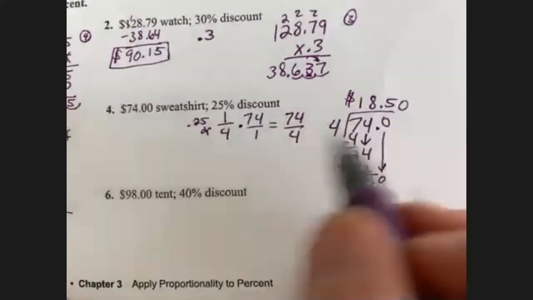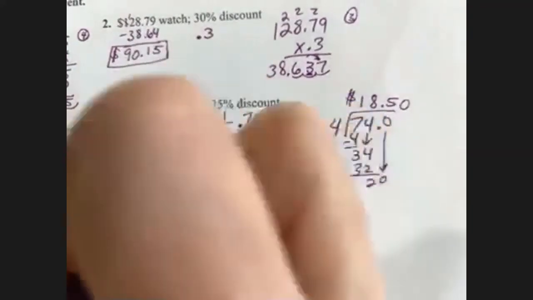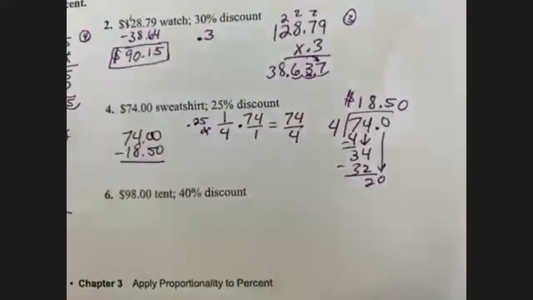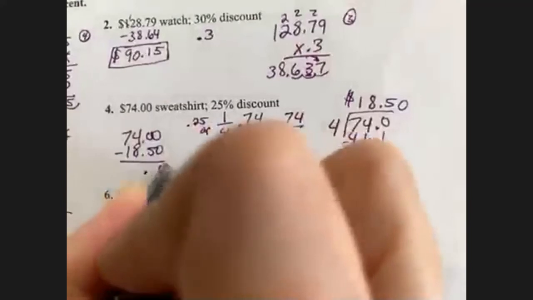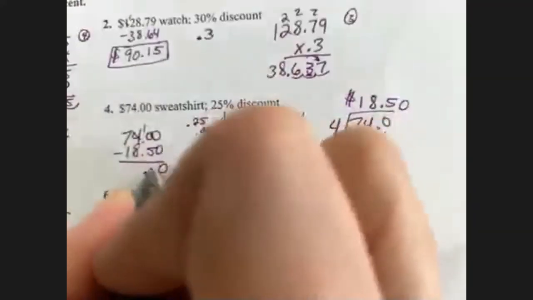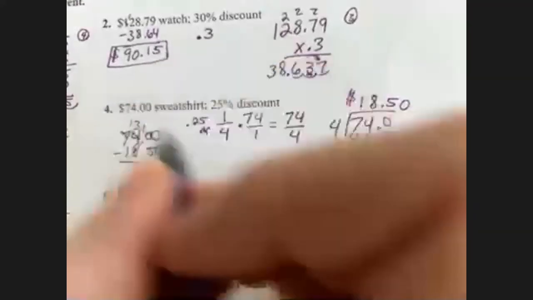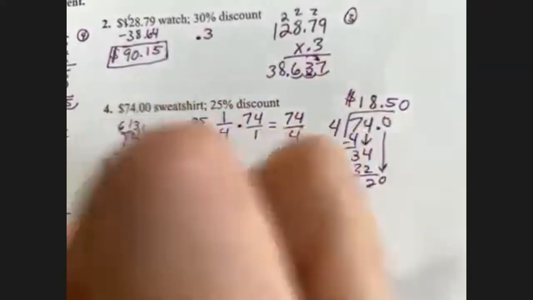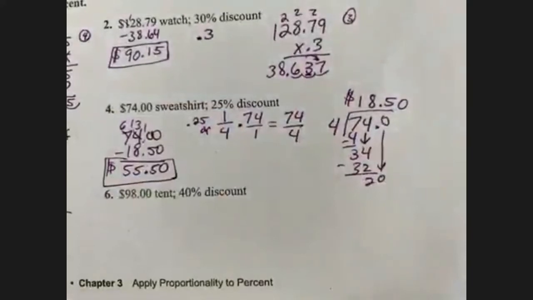So I'm going to subtract the $74 minus the $18.50. Just a reminder, when you're adding or subtracting, line them up. And that has to borrow to get 5. I get a 3. I borrow, I get 5. I have a 6 minus 1 is 5. It's $55.50 is the cost of my switch.